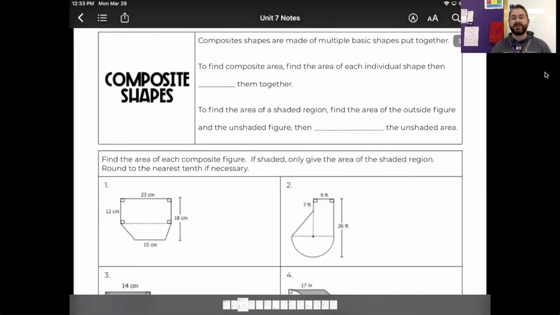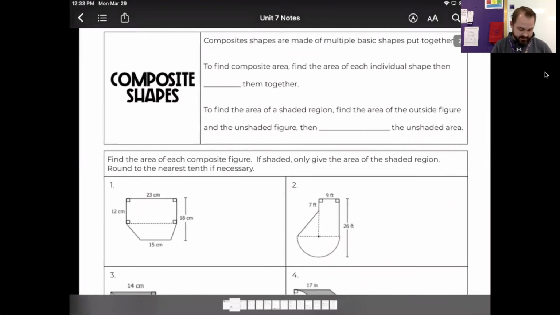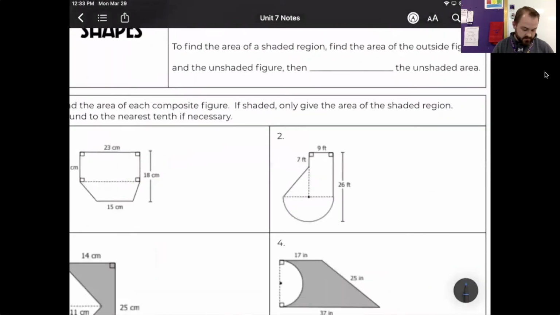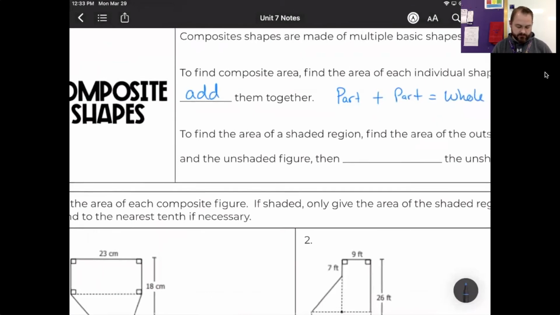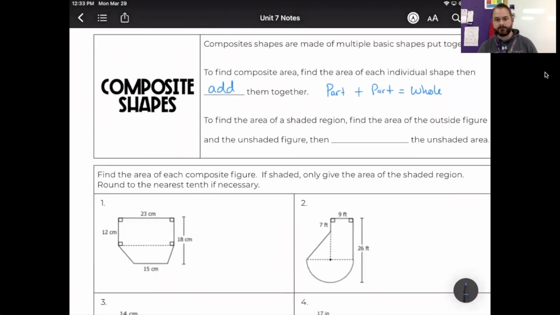So to find composite area of figure shapes that are kind of stuck together without overlapping, we're going to find the area of each individual shape and then add them together. It's like this basic concept. Part plus part equals whole. Okay, we've been doing that a lot this year.